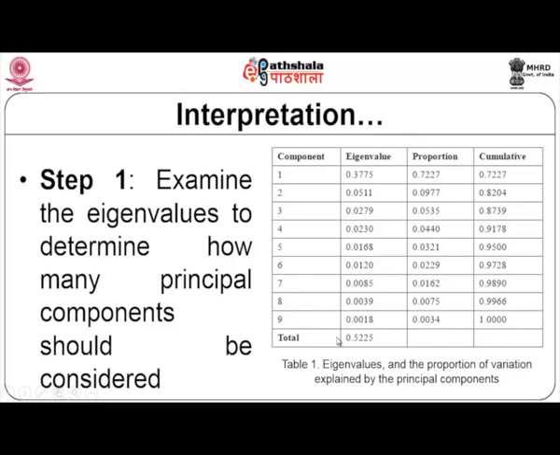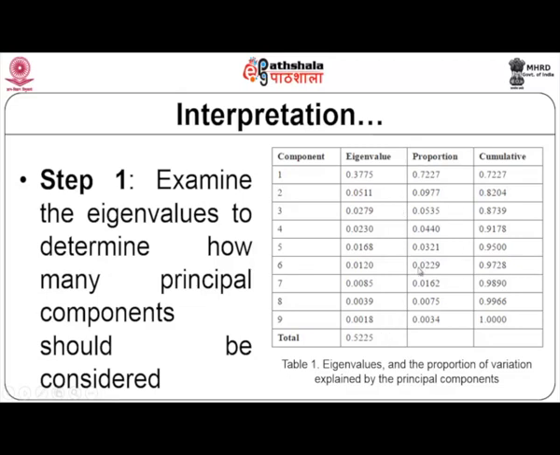You can first analyze what is the proportion of an eigenvalue with respect to all these components. Now, sum all the eigenvalues, which is 0.5225, and divide every eigenvalue with respect to the sum. So, 0.3775 divided by 0.5225 is equal to 0.722, in other words 72%. Similarly, do for the rest.